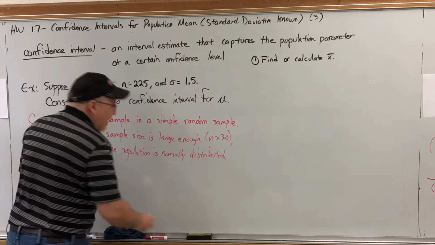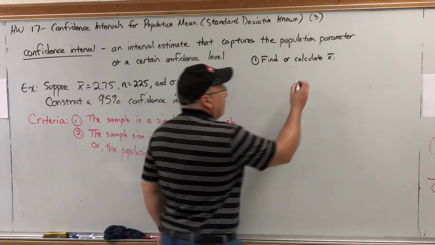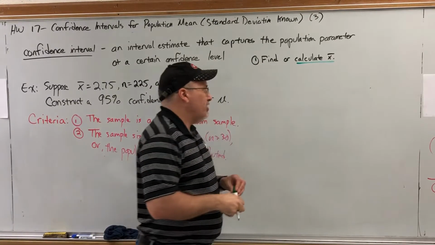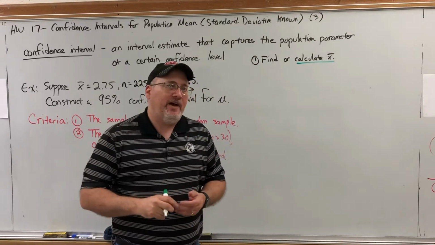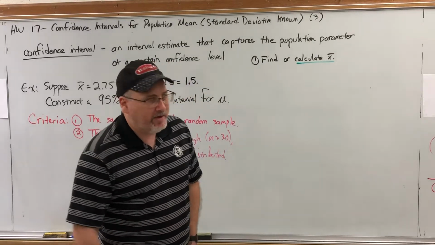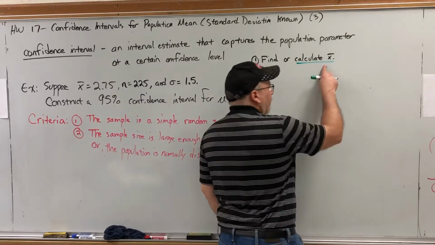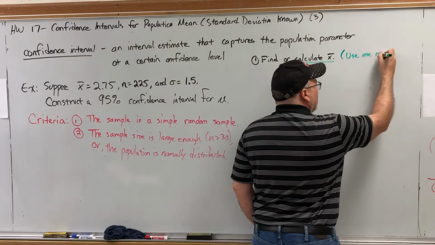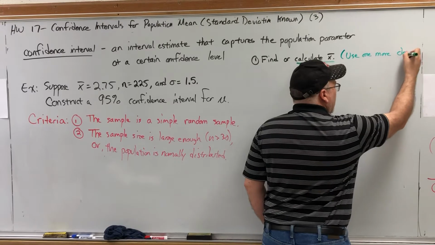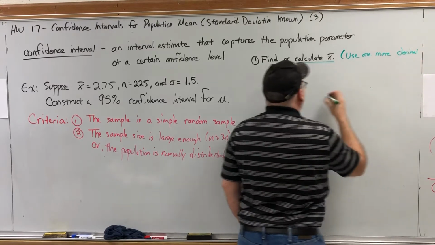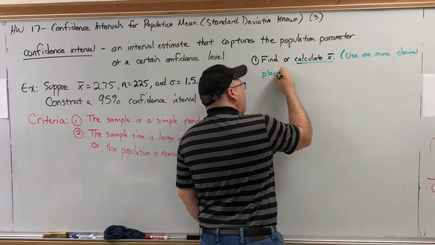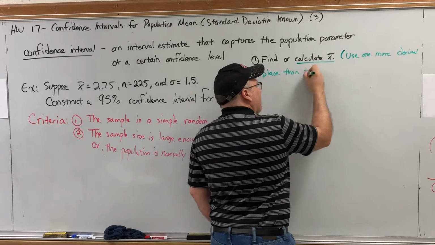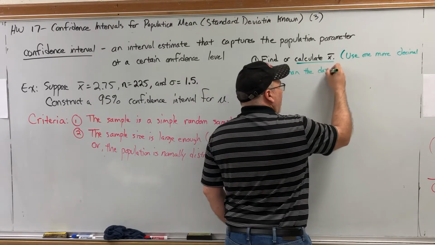Now, if you have to calculate the X bar, then there may be some rounding issues because your last move is to divide by a number, which will usually invoke a lot of decimals. The rule for calculating X bar is to use one more decimal place than the data uses.